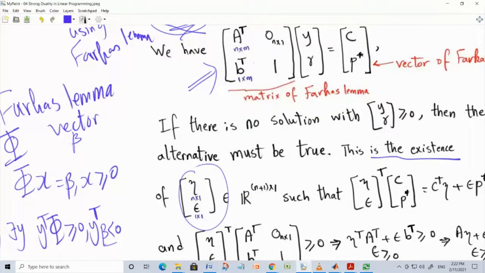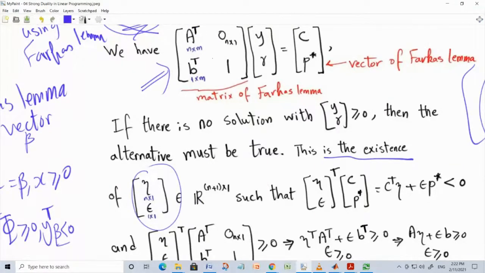Okay, so what we'll do here, that's now the matrix for the Farkas Lemma. That's the vector, and what we'll say, since you are claiming that this is false, then it must be the case that we can find the vector eta and epsilon such that the inner product of this vector and the vector of the Farkas Lemma, which is basically vector C in the linear program, to which we insert an additional component with the value of B star, which is the optimal objective value for the primal program, is strictly negative.